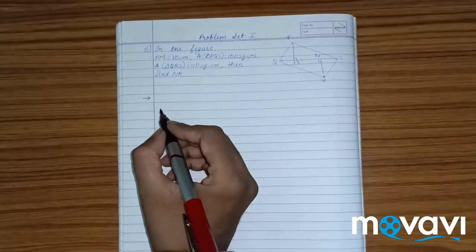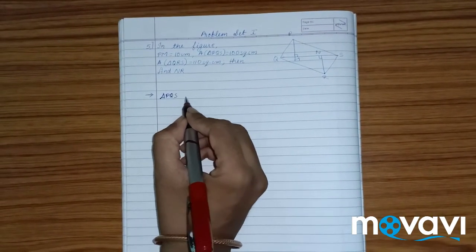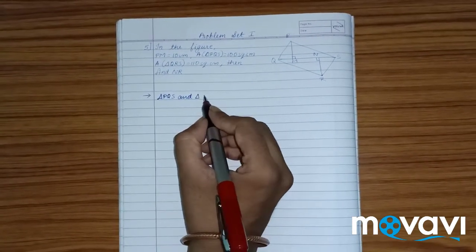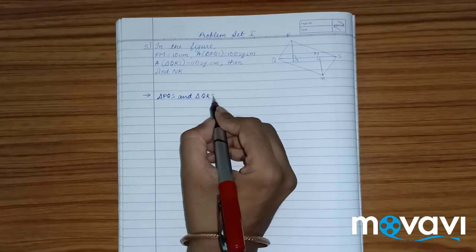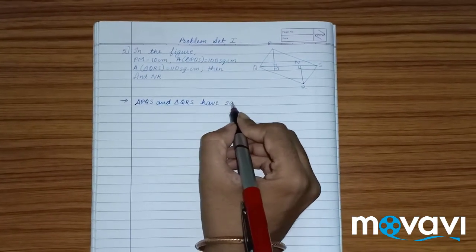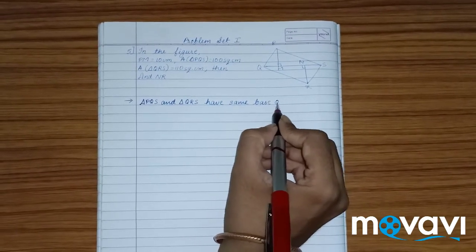Let us write down that in this triangle PQS and triangle QRS have same base, that is QS.